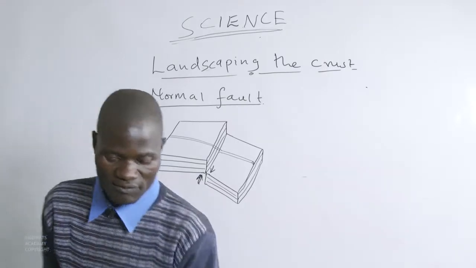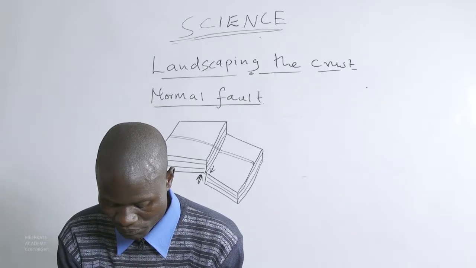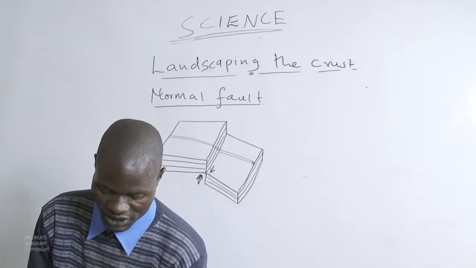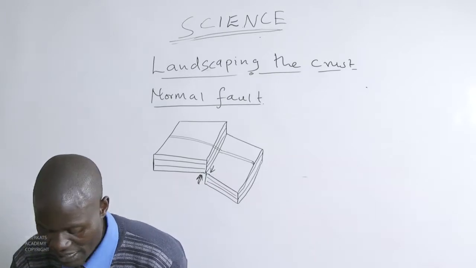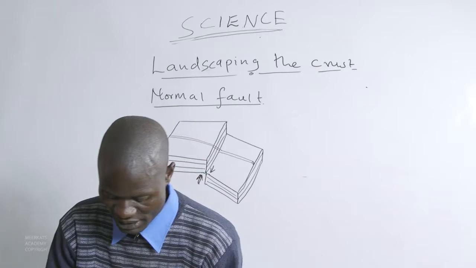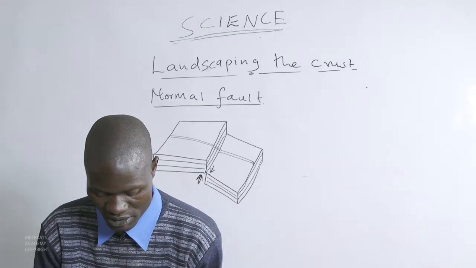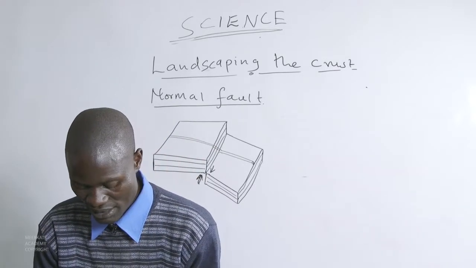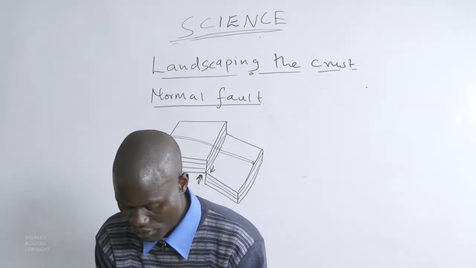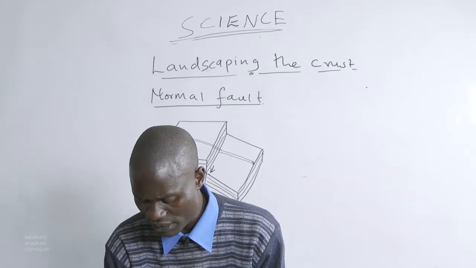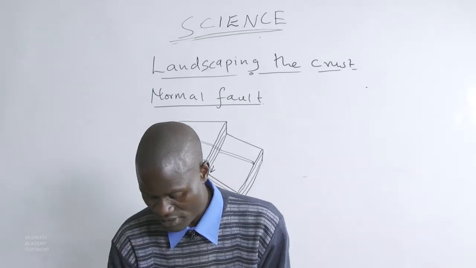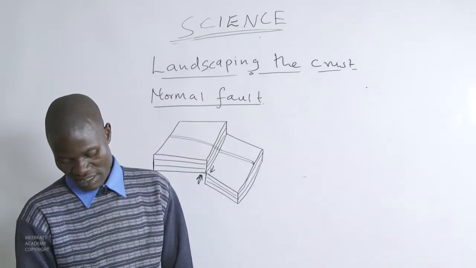Therefore, when we have an up throw and a down throw, it results in the formation of this normal fault that has equal magnitude, because the forces have equal action.